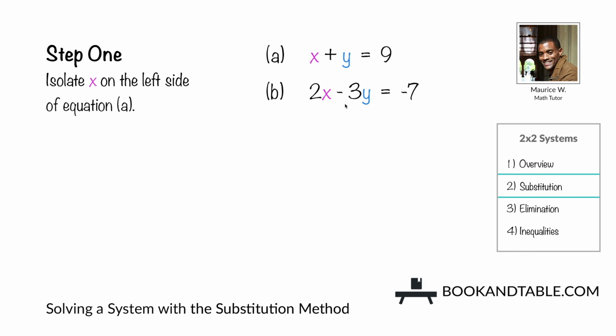Now throughout this chapter, what I'll do is, if x and y have the same coefficient, whether it's 1 or another number, then I'll solve for x. I'll only solve for y first if y has a coefficient of 1 and x has a coefficient of another value, because in that case, y would just be easier to find.